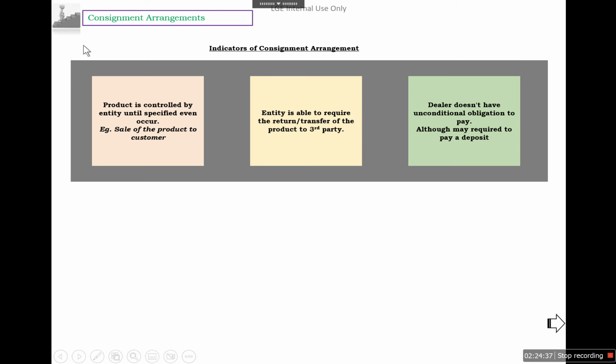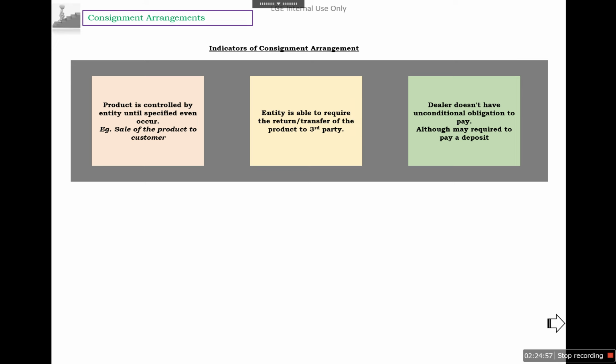Next is if there is a consignment arrangement. For example, indicators of a consignment arrangement are that the product is controlled by the entity until the sale, the entity is able to require the return or transfer of the product to a third party, or the dealer does not have an unconditional obligation to pay, although it may be required to pay a deposit.